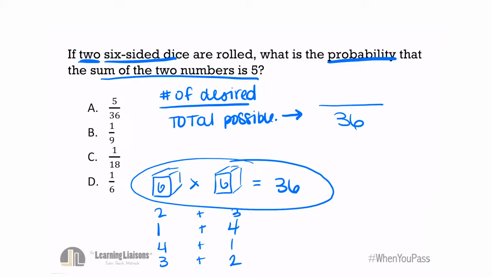I can't have a 5 and a 0 because there's no 0 on a dice. So the number of desired outcomes would be 4. And 4 divided by 36, if I divide them both by 4, I get 1 out of 9. So the probability that I would have a sum of 5 is 1 out of 9.